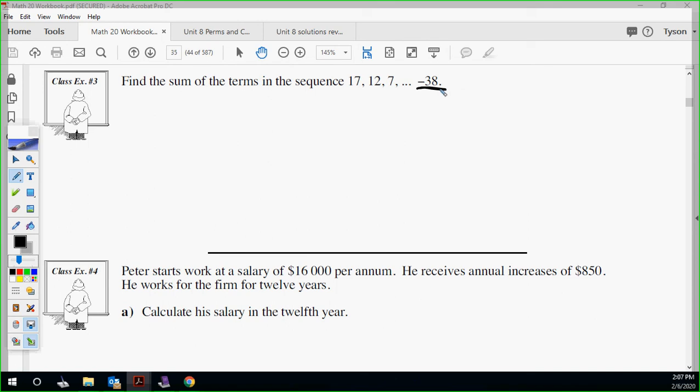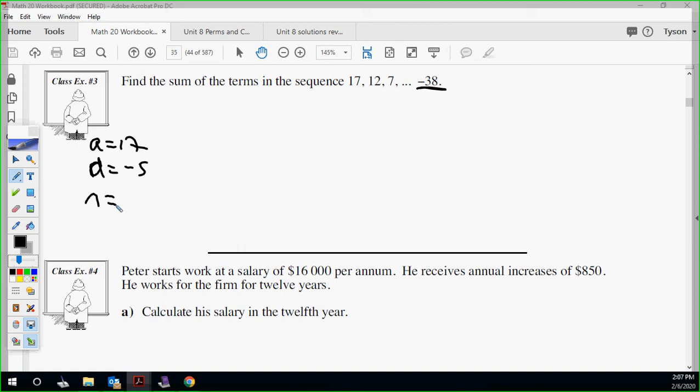So we know a, we know d, negative 5. We don't know n. So what will we use to find n? We've used it quite a bit the last couple days. We called that the general term formula. Get used to that.